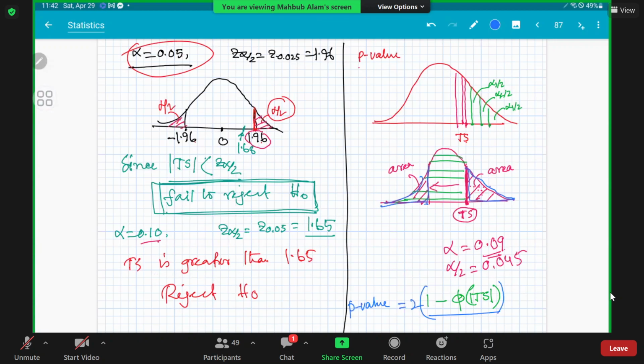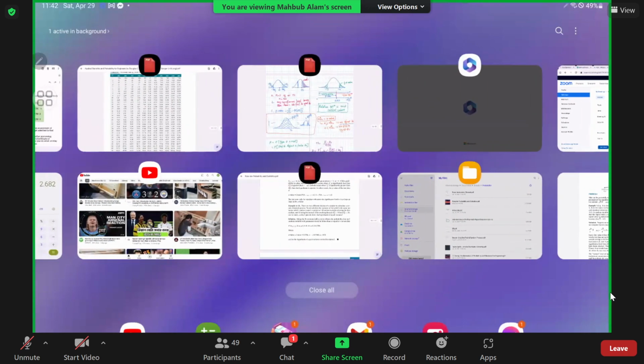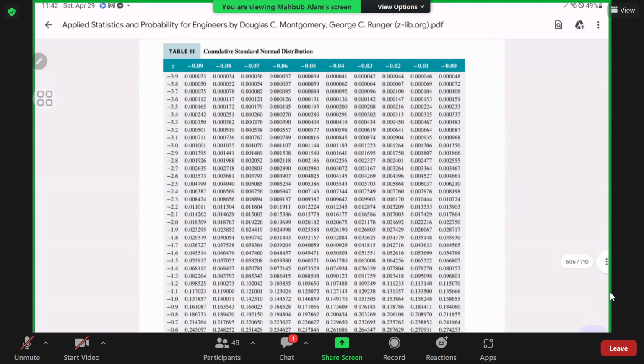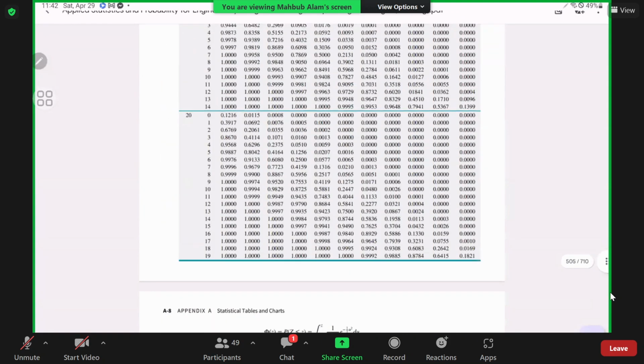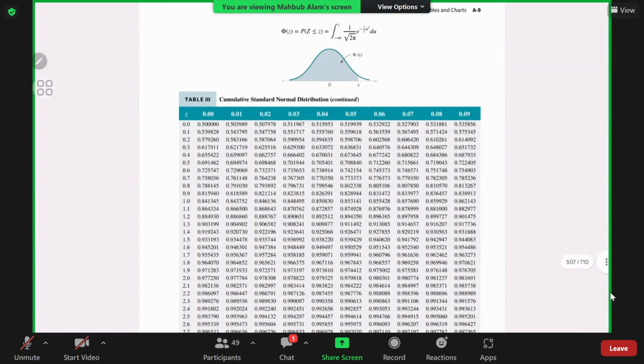And if we exactly calculate it for a test score equal to 1.68 from the table, where is the table? Let us find the table. Here is the table. 1.68. This is the normal curve. Here for 1.68 it is 0.953.